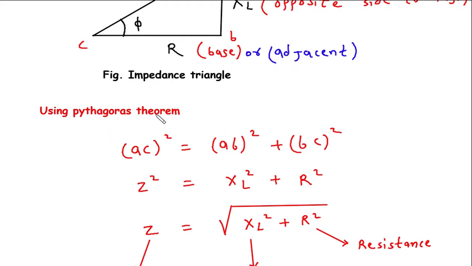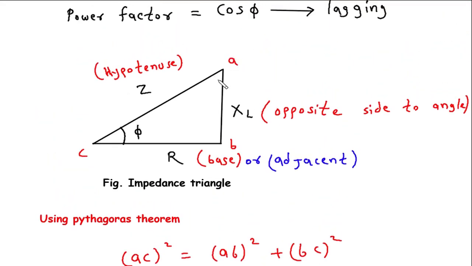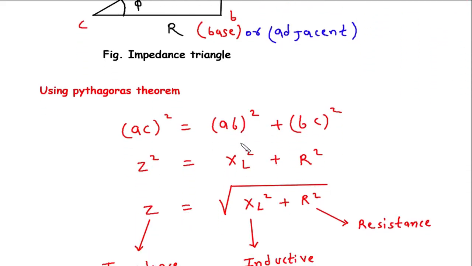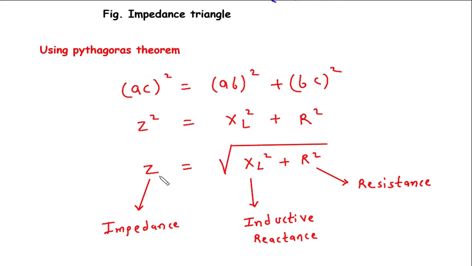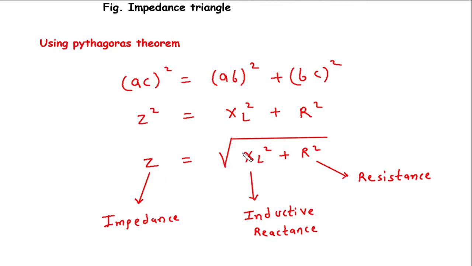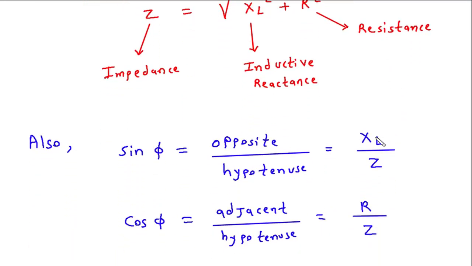Now using Pythagoras theorem, AC square is equal to AB square plus BC square. So Z square is equal to XL square plus R square. Now Z is equal to under root of XL square plus R square. This Z is the impedance, XL is the inductive reactance, and R is the resistance.